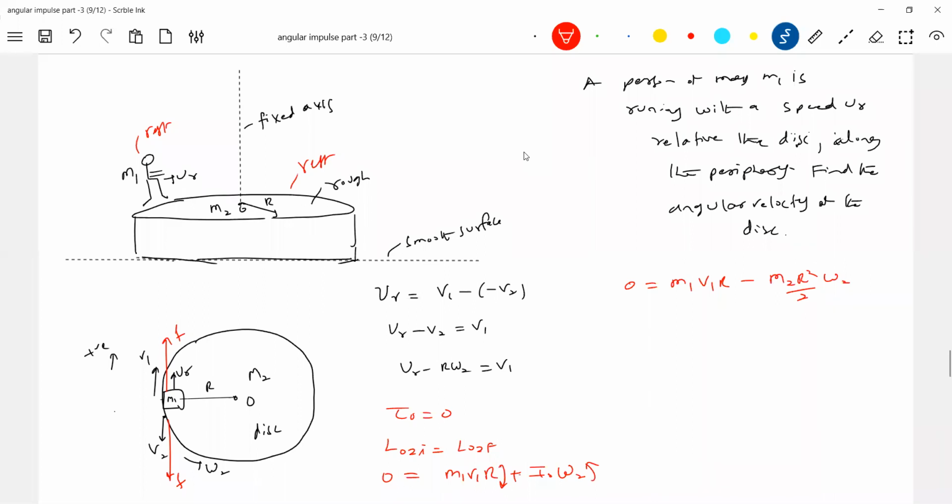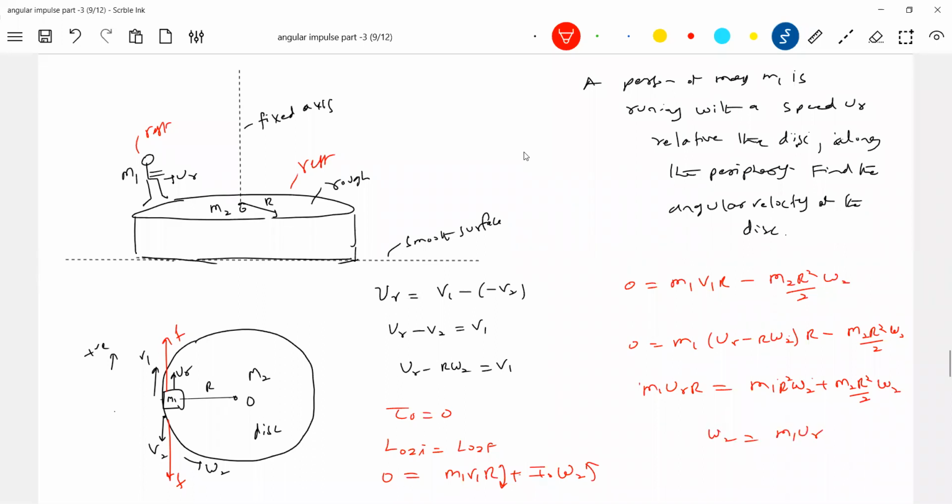V1 we don't know, so I'll substitute it here. This will be M1 (UR minus R omega 2), so M1 UR equals M1 R square omega 2 plus M2 R square by 2 omega 2.